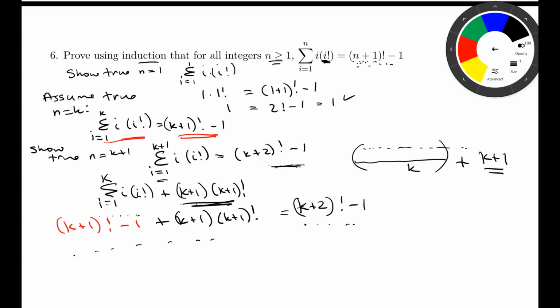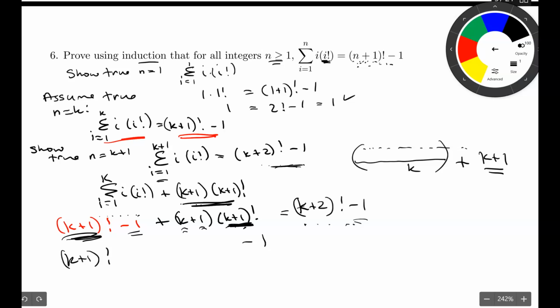So I see this k plus 1 factorial that is in common only between these two, and this minus 1 has to stay off to the side. So what I'm going to suggest we do is just move this negative 1 over here. I'm going to carry this one along, and I'm going to take the time to distribute this k to this and then 1 to this.